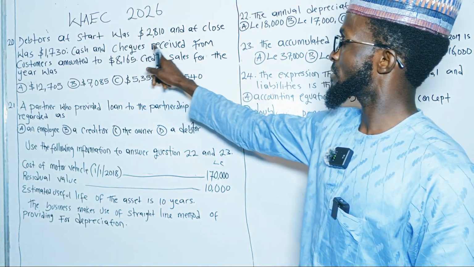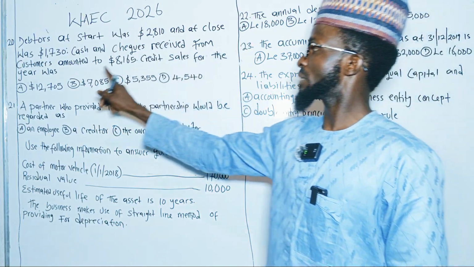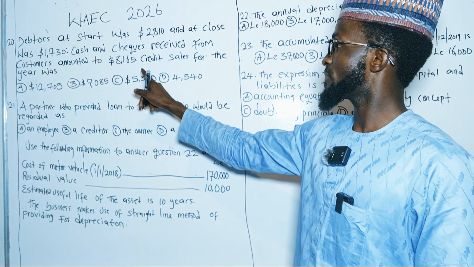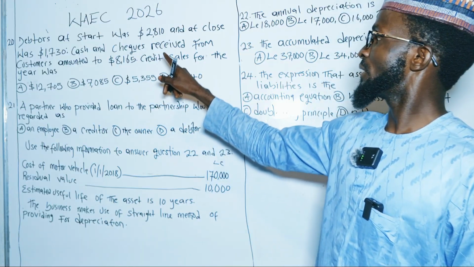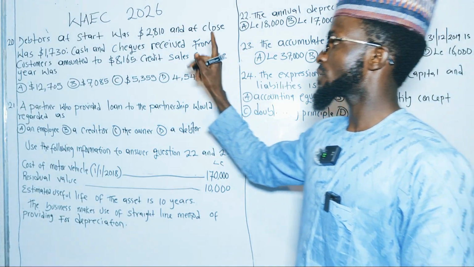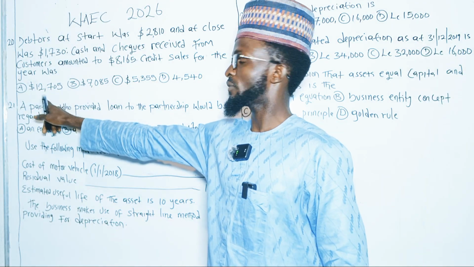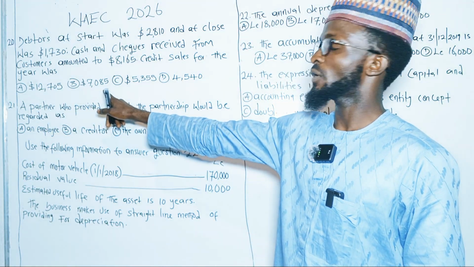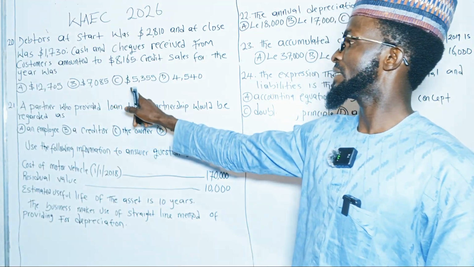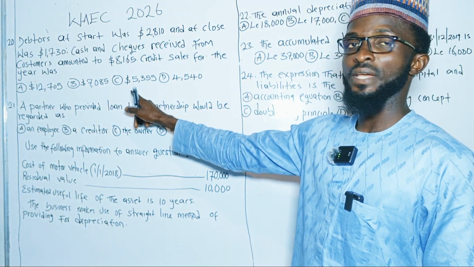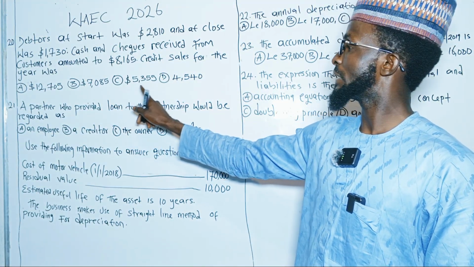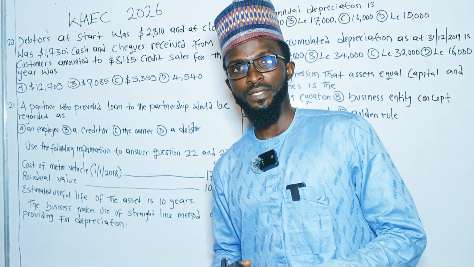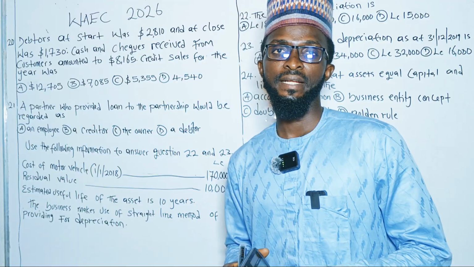Cash and checks received from the customers amounted to $8,165. Credit sales for the year was A. $12,705, B. $7,085, C. $5,355, D. $4,540. We are to determine the right answer.